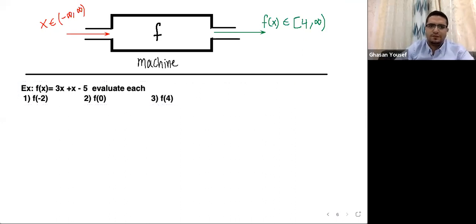So the function again has x squared. Okay, who will do the first one? f of minus 2. Just plug it inside the function.